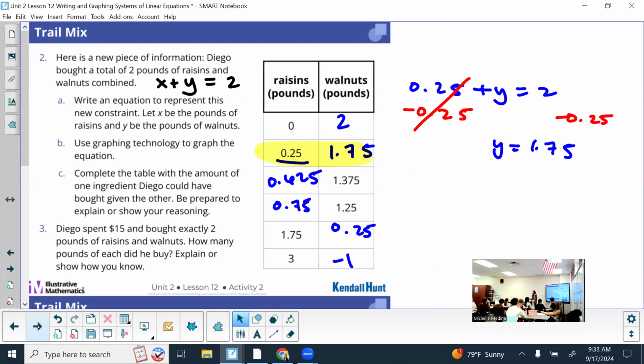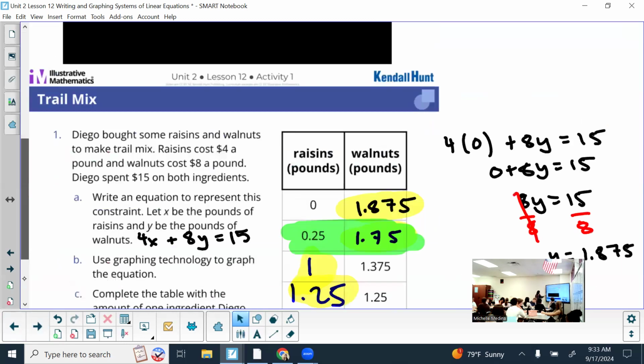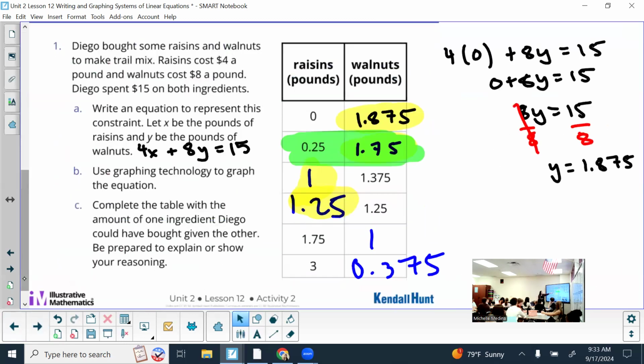If we put the equations together to create a system of equations, so that would be 2 equations that have the same variables, there is only one pair that works for both constraints, and that's this one, which you can see there. And if I go back to the previous page, it is down here too.